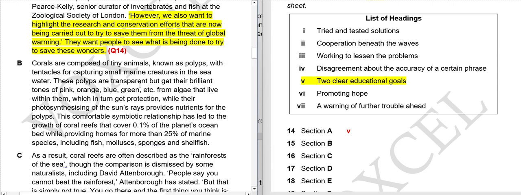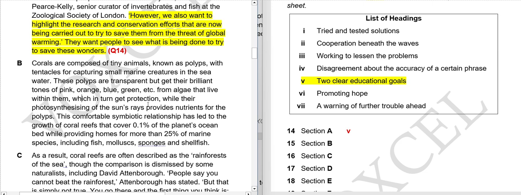These polyps are transparent but they get their brilliant tones of pink, orange, blue, green, etc. from algae that live within them. So there is a keyword, algae, that was in the blank, so we'll go to that later. First we will read and try to find the correct answer. So till now we have read what corals are made up of and how they get their color. They get it from algae that live within them, which in turn get protection.